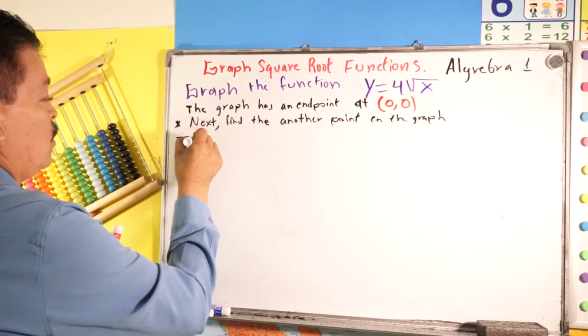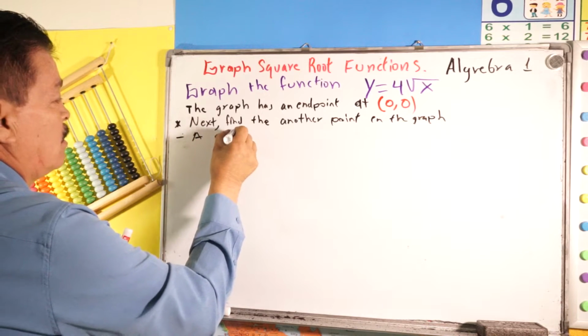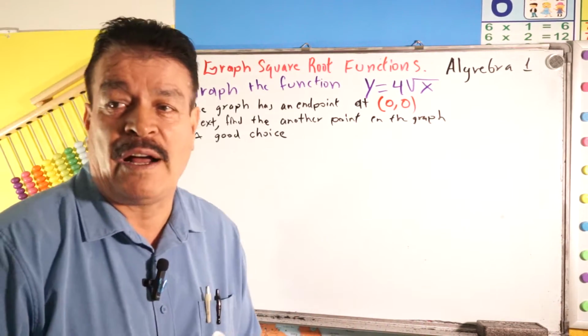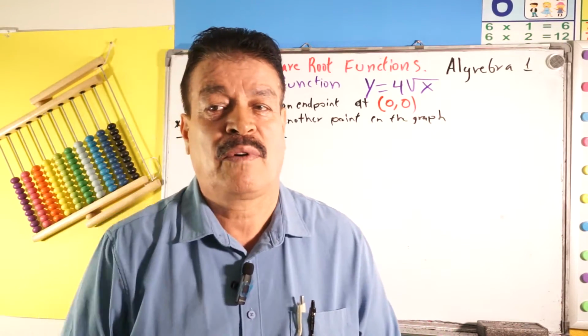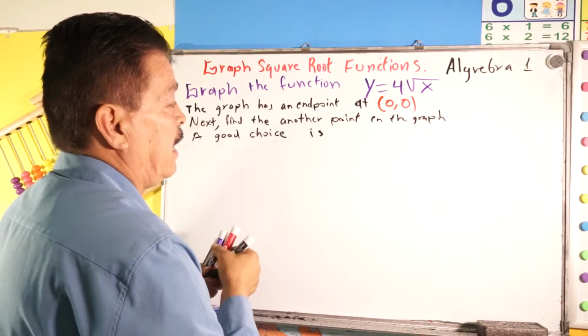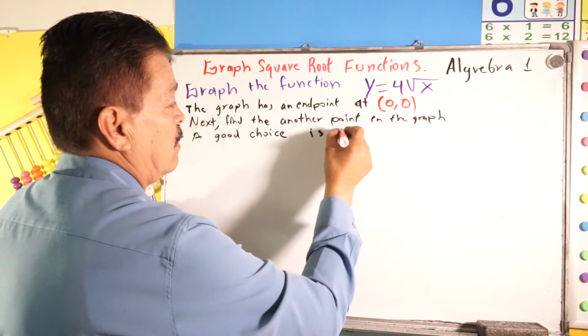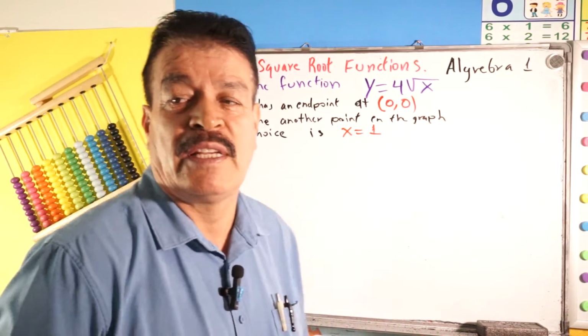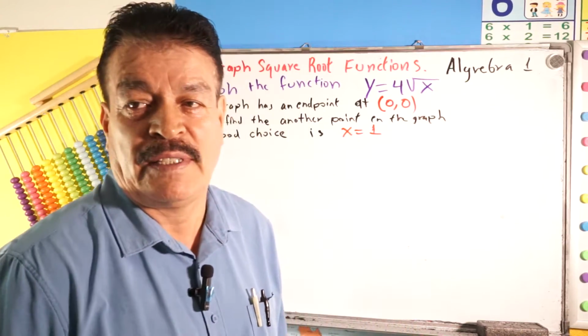A good choice for finding another point is x equals 1, so it's a perfect point.